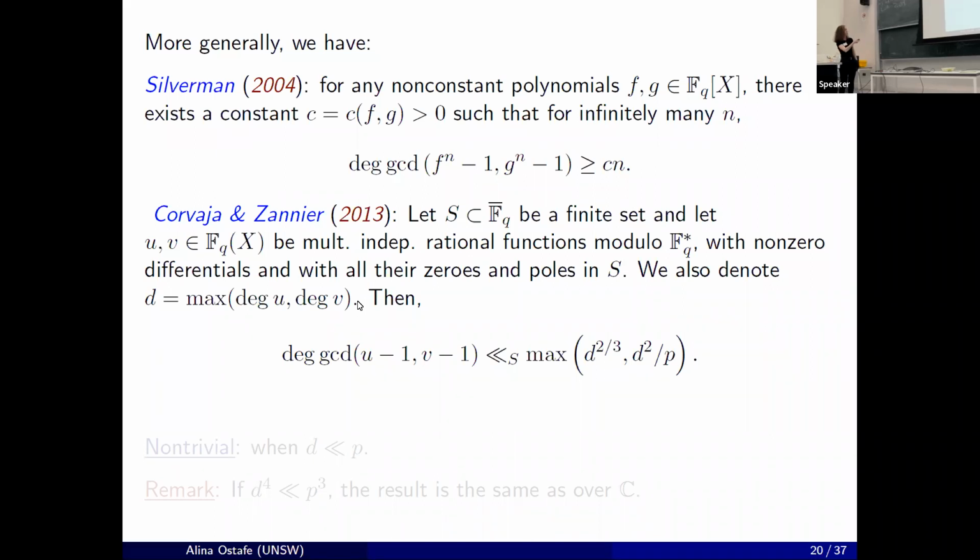So the degree of the GCD of U-1 and V-1 is at most the maximum of D to 2/3 and D squared over P. Which of course is non-trivial when D is at most P. And if D to the 4 is at most P to the 3, then this wins and we have the same bound as in characteristic 0.